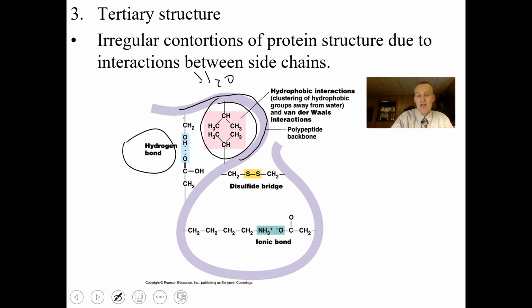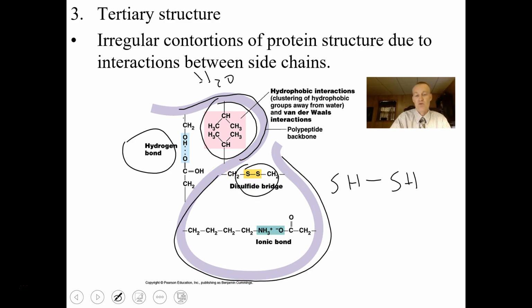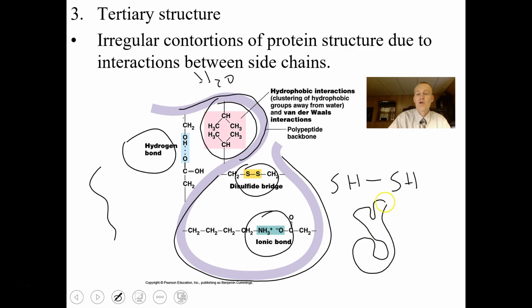Sometimes we have another functional group called sulfhydryl groups that will form a disulfide bridge between adjacent amino acids, causing a big kink to form. And then you can have ionic bonds. There's all kinds of little interactions that you can have that coil a protein into its tertiary structure. So you can take a linear protein and bend it and coil it and make it have a unique three-dimensional structure that gives it its function.